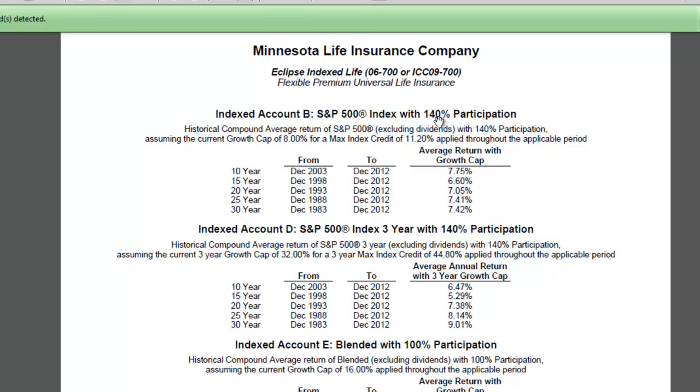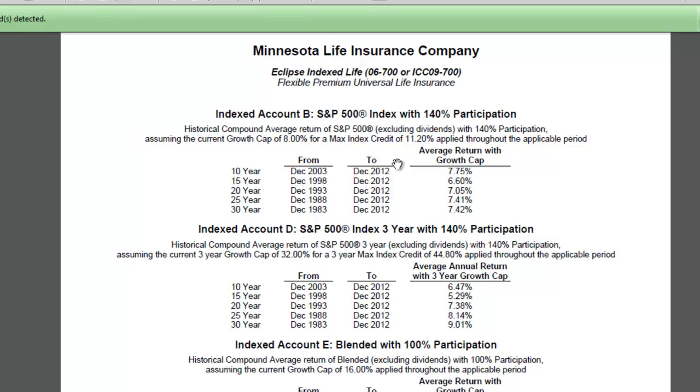So if you take your calculator, 1.4 times 8, you're going to get an 11.2% total cap. So even if the S&P doesn't perform very well, because you have the multiplier of 140%, you can actually get a higher overall cap return.